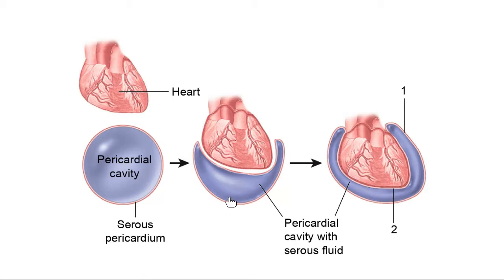Between these two layers, we have the cavity. And in this cavity, we have a small amount of serous fluid. The serous fluid prevents friction of these two layers on each other. The cavity which is specifically for our heart is called pericardial cavity. You can see visceral and parietal pericardium. And between them, you have the serous fluid.